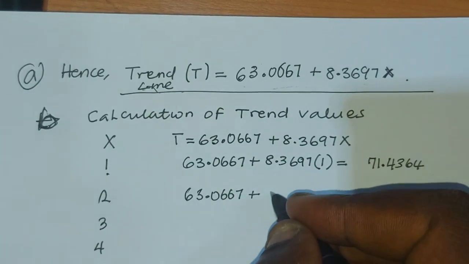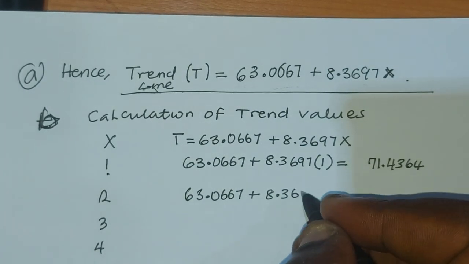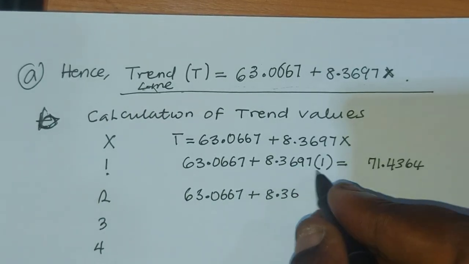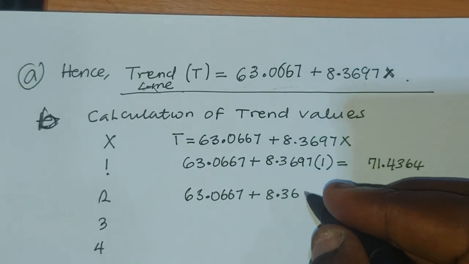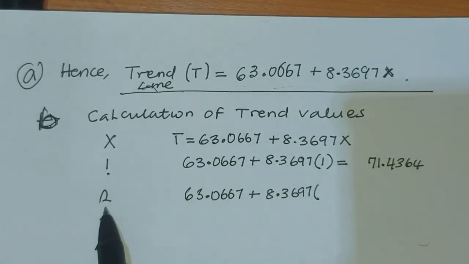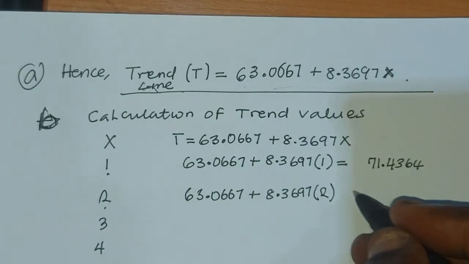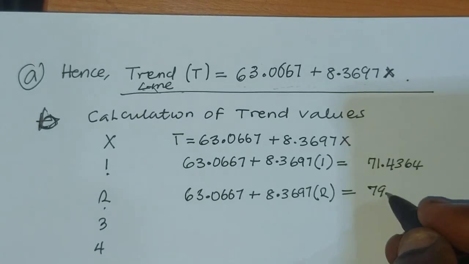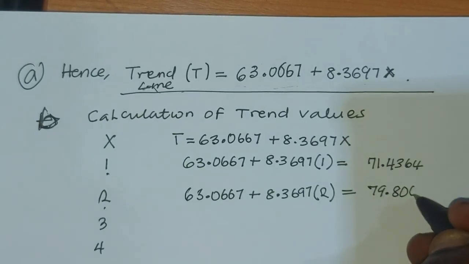Then you continue: 63.0667 plus 8.3697 when x is 2. For accuracy, please don't use approximated figures, use 4 decimal places. So the trend value becomes 79.8361.